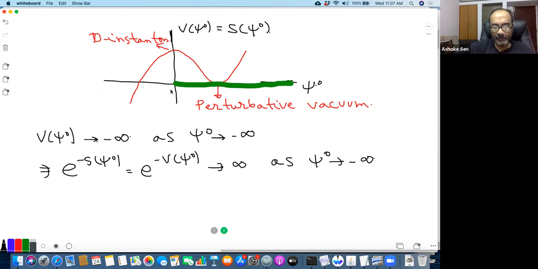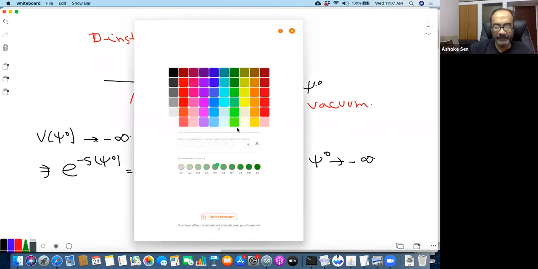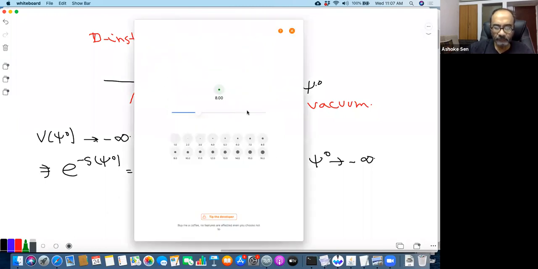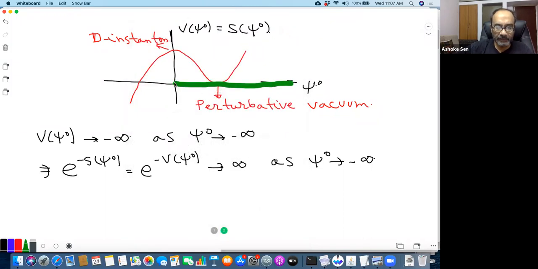With a little bit of thought, one can show that the consistent integration contour on the negative side is essentially the following. It basically goes like this, and then it will, of course, deviate from the imaginary axis because of the higher order corrections, but it's roughly like this. If you compare this with the steepest descent contour of the instanton, that's symmetric, and goes like this.